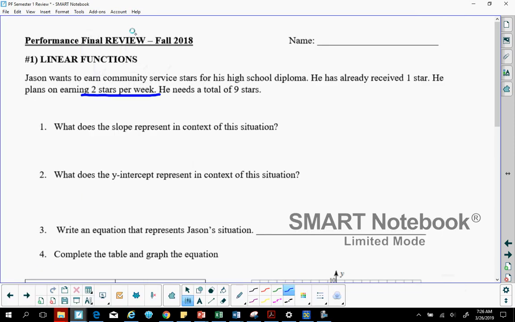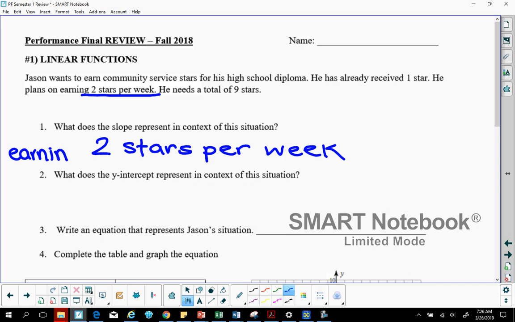Right here, the 2 stars per week, I would write that down. That's my slope. And then what does it represent? It represents earning. So it's being added over and over and over again.